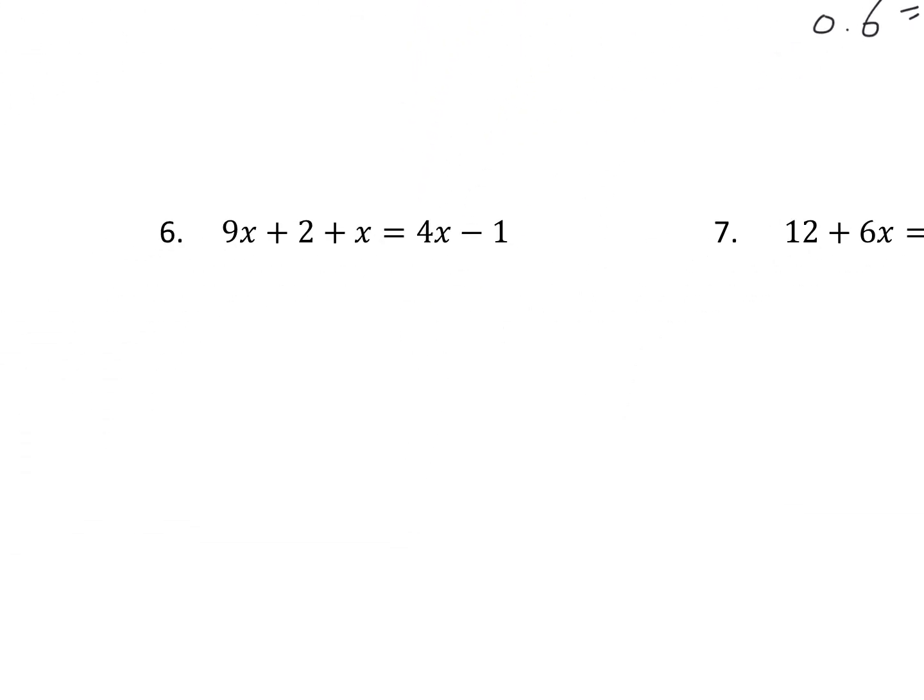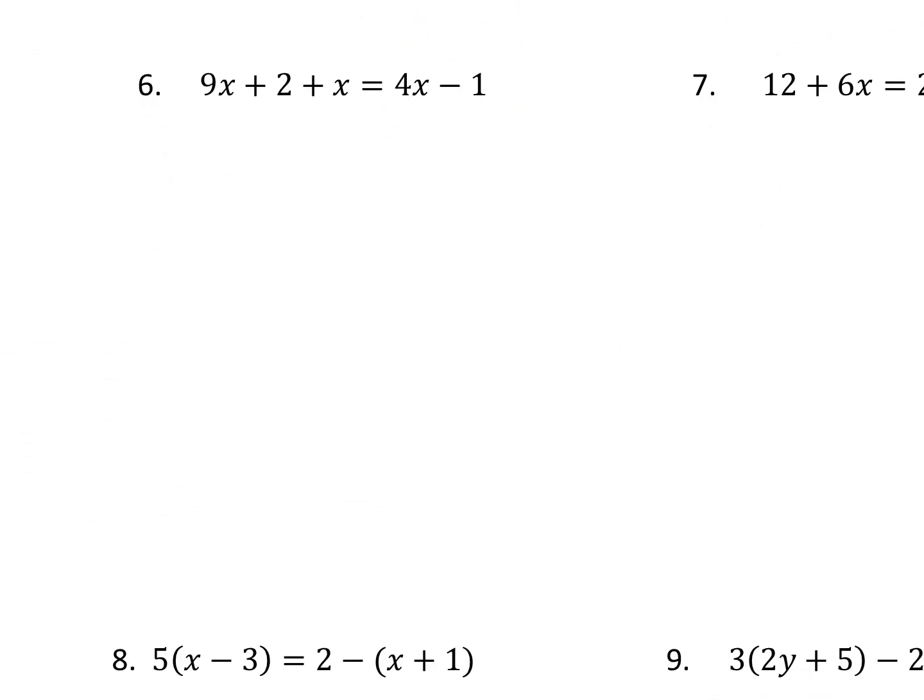Number 6. Before solving, when you've got a collection of terms, always check to see if it can be simplified. The left-hand side can be simplified first. The 9x and the 1x becomes 10x. And then after you've simplified, you start to solve the equation.